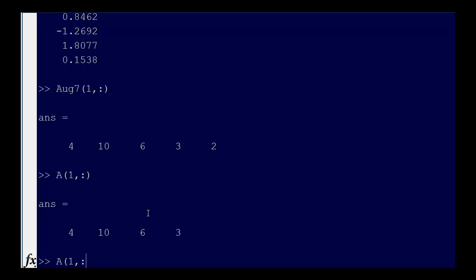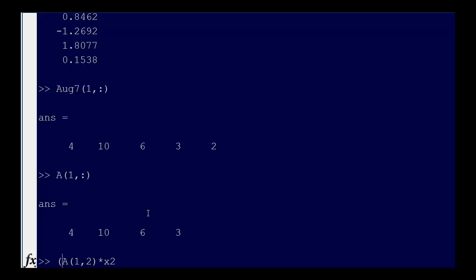So we go a 1, well, let's go a2, first row, second column times x2 plus, well, these are all going to be minus, right?